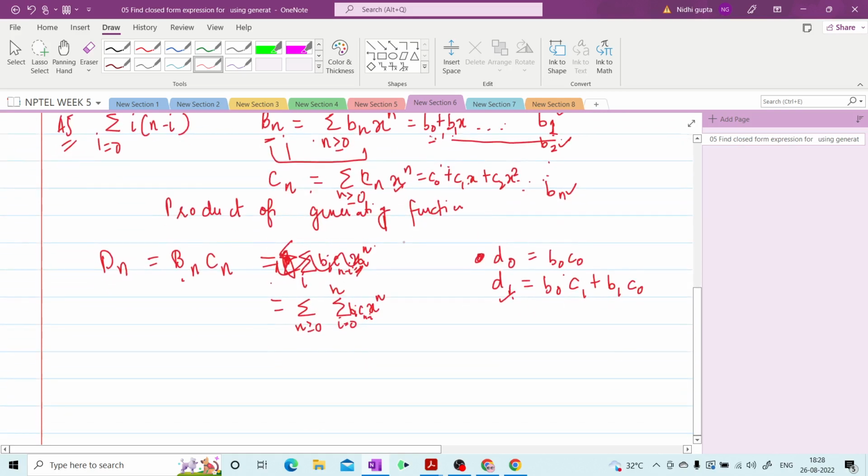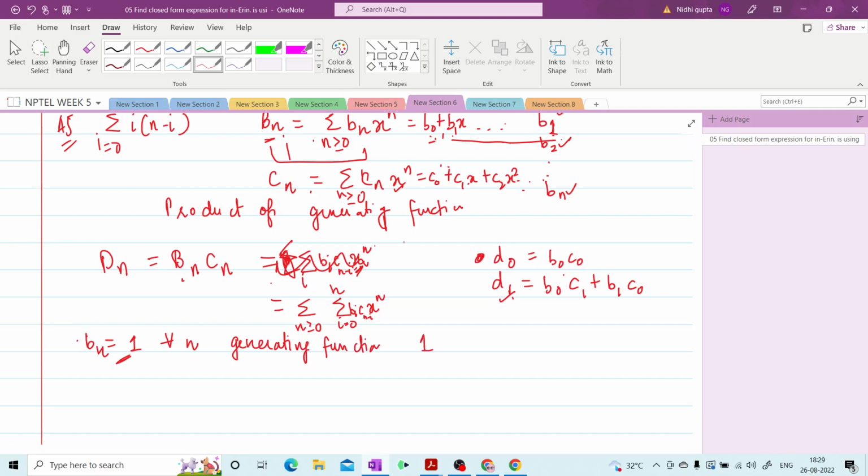Is this fine? Yeah. Now suppose you have this power series where bn is equal to 1 for all n. So what is the generating function for this?